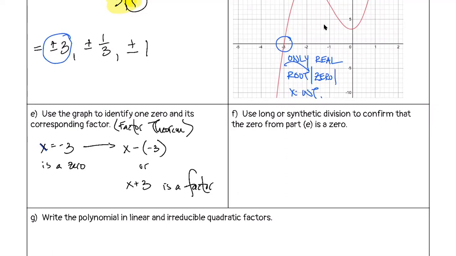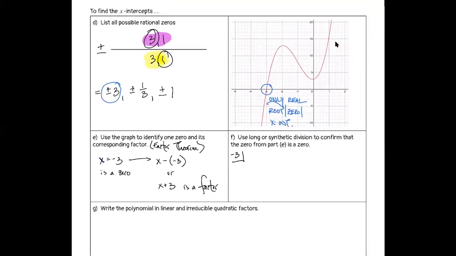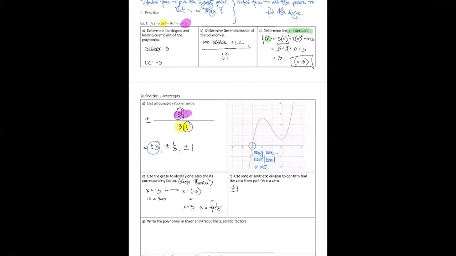So if x equals -3 is a 0, then x plus 3 is a factor. Now we're going to use long or synthetic division, though I would say synthetic, to confirm that this is a 0, meaning we better be able to plug -3 into the corner, write out all our coefficients, and that remainder better be 0. So what are our coefficients for this question?